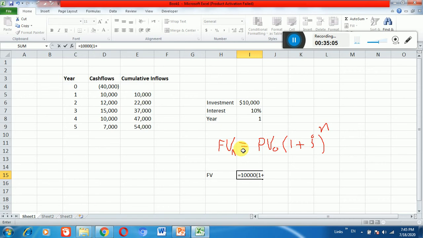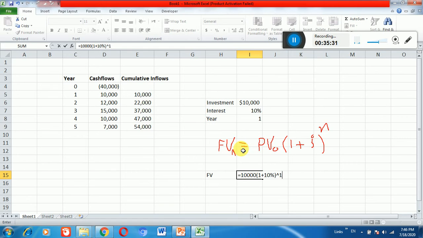I'm just using 10%, and then raise it to the power 1. Since it is 1, we will have the same value. If you want to make it power 2, just make it power 2.